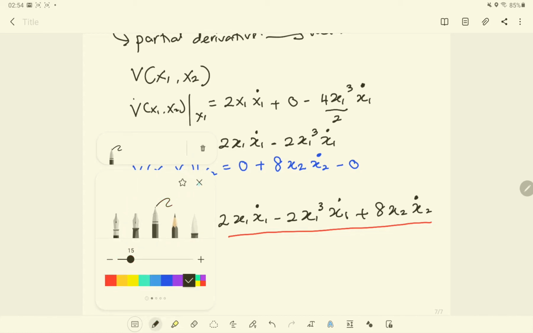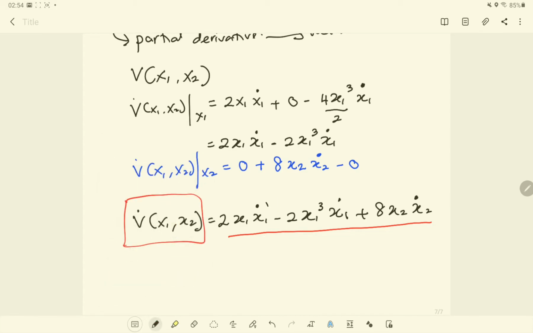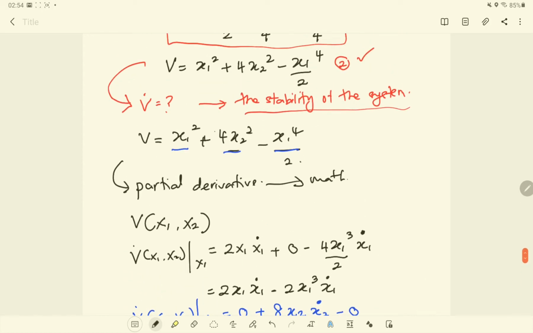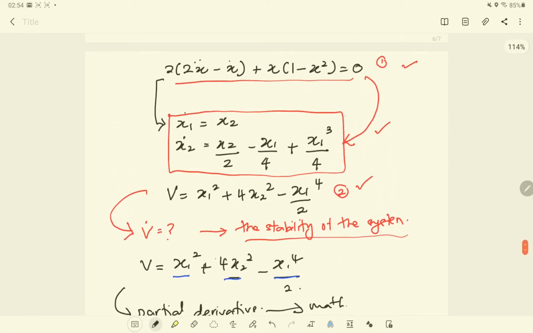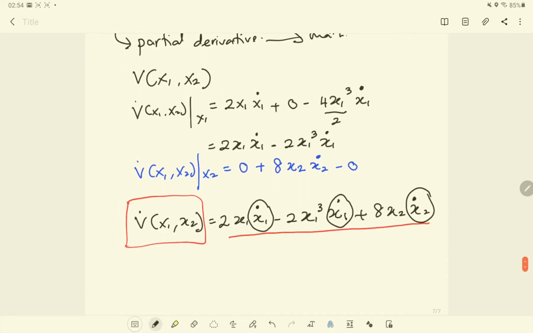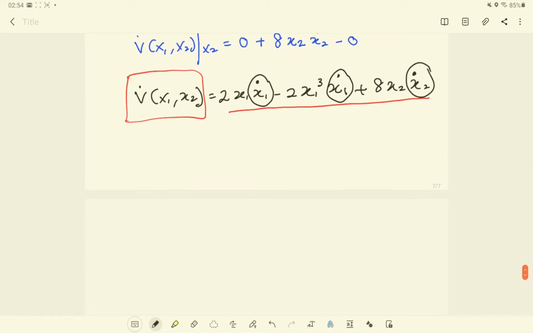And we do have the equations for x1 dot and x2 dot from the question. They are given by these equations, since you have changed the differential equation to state space form. Here is equation 1 and this is equation 2 for x1 dot and x2 dot.